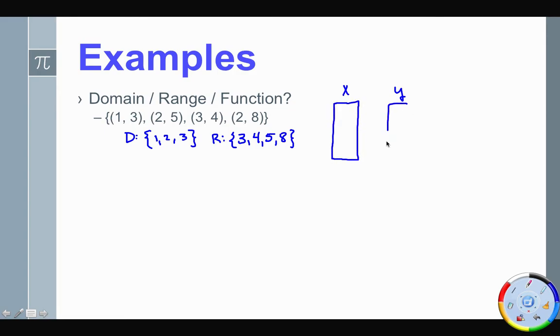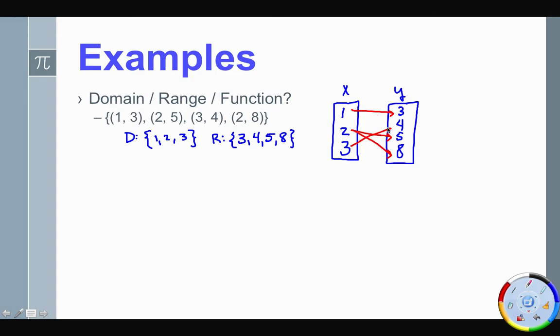We have our x and we have our y. Our x values are 1, 2, and 3. And then we have 3, 4, 5, and 8. 1 maps onto 3. 2 maps onto 5 and 8.